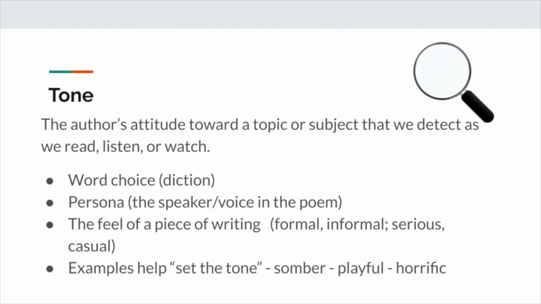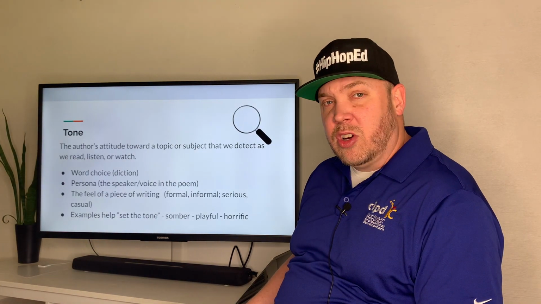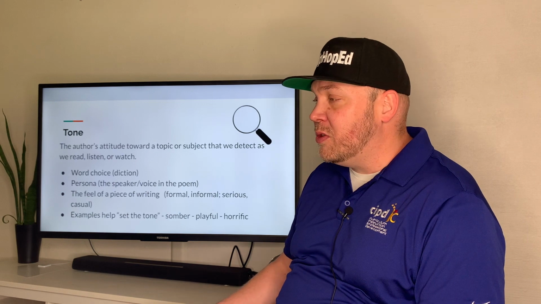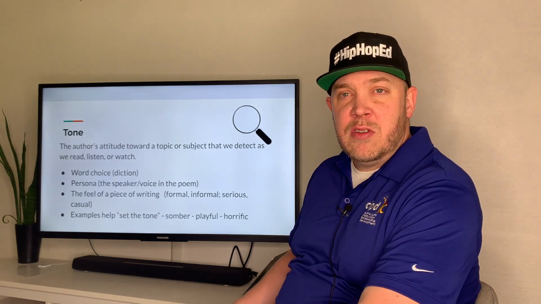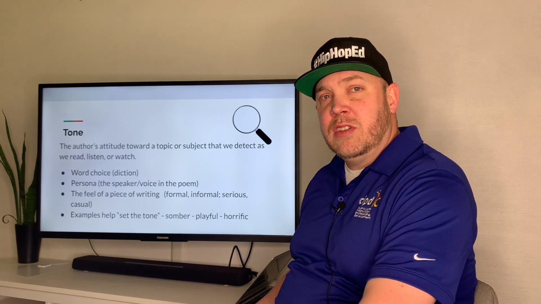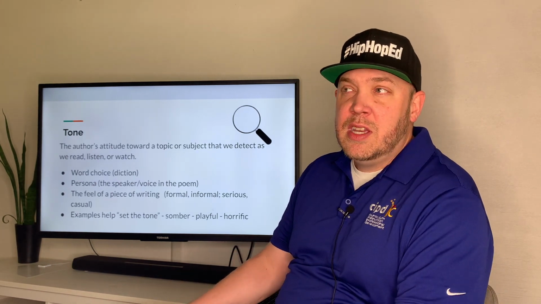Okay, the feel of a piece of writing is also sometimes considered the tone, and that's often considered whether the language is formal, informal, serious, or casual. You've probably heard those words associated when people have used words like tone. If you're taking a casual tone with someone, you probably know them and they're very familiar.